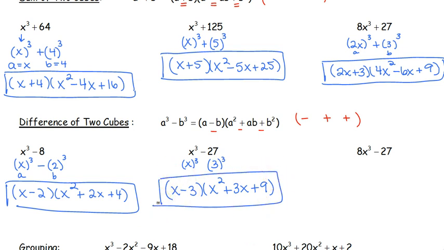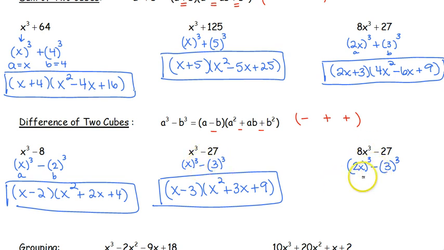And our last one, notice it's very similar to the one that we had right above. It's what piece is being cubed, and we explained that in the last one. It's 2x being cubed. For 27, that is 3 being cubed. The only difference is this one we are subtracting.